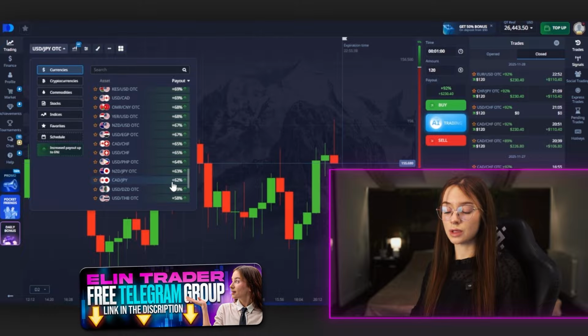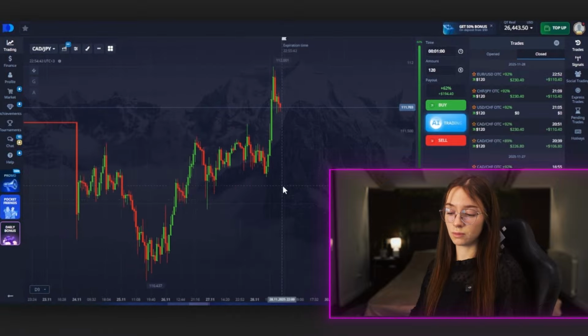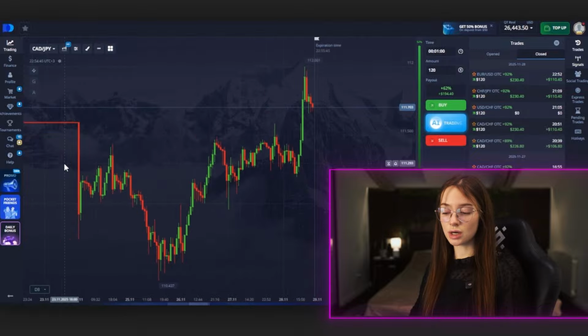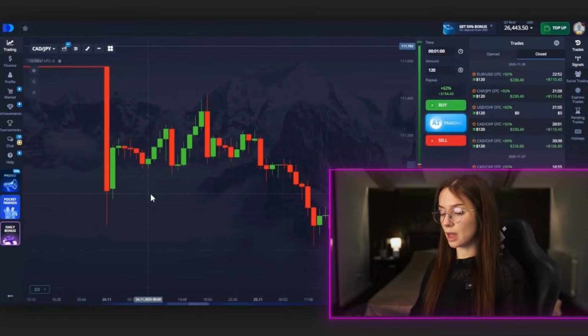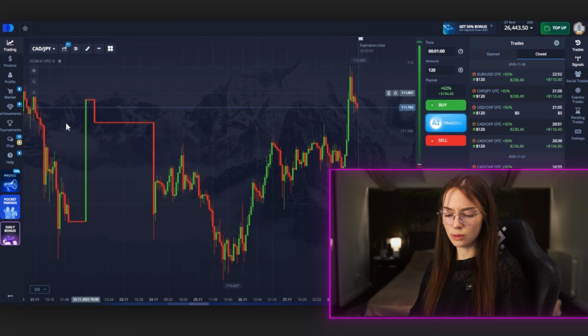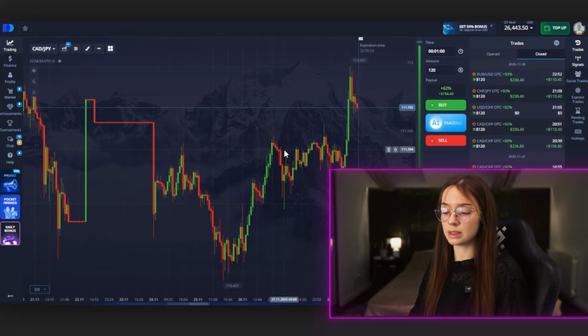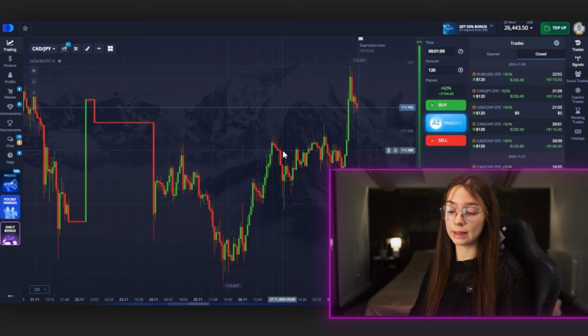Pairs with payouts around 62% are immediately excluded. Their charts are chaotic and technical analysis is unreliable. Look at this, I don't recommend entering here. The payout is low, the chart is unpredictable, and proper analysis is difficult.